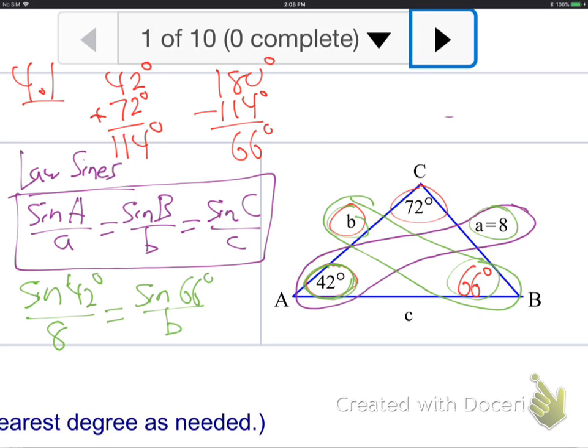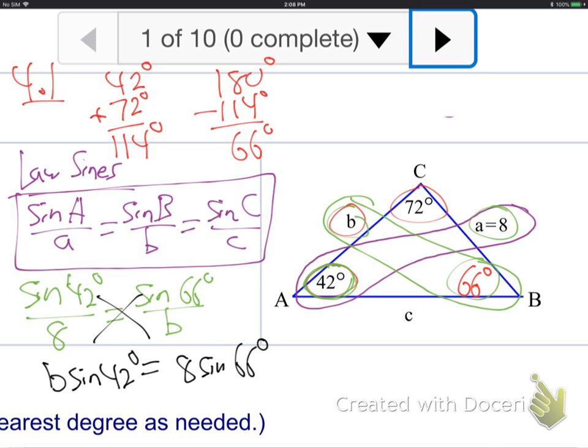And you see how I can solve for little b now? Is that making sense? Now I just cross multiply. Zip, zip. So b sine 42 is 8 sine 66. Diagonal, diagonal. B says I want to be alone.